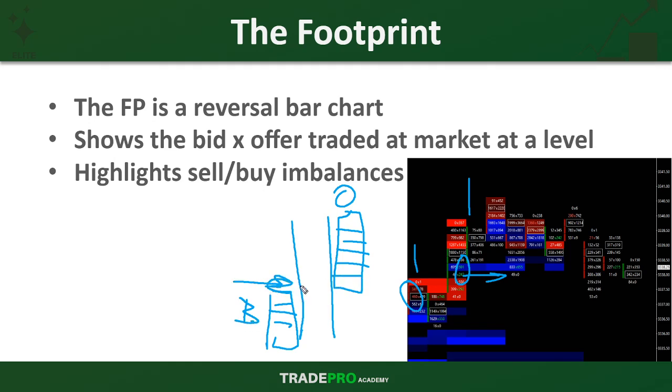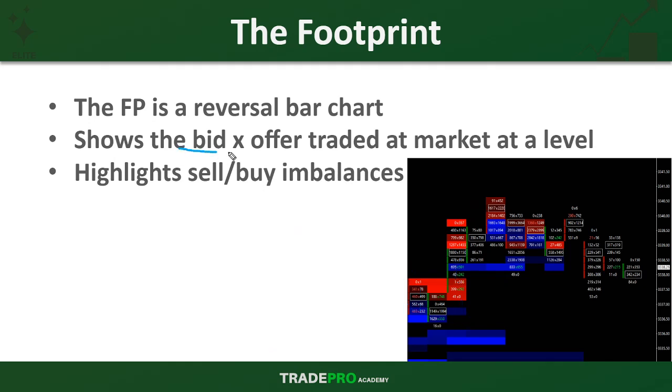You have to lift an offer, or actually trade that offer to get in on the buy side, right? So that's why we have highlighted buy imbalances on the right and highlighted sell imbalances on the left. The same thing goes for here. You have to start hitting bids if you want to get in at the market.